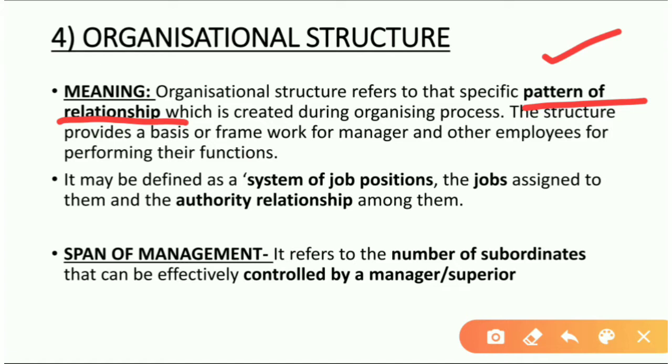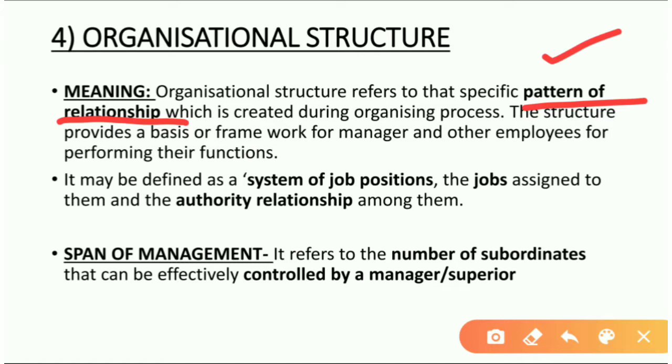For example, in an organization there can be one manager, and under one manager there can be different departments. And in some organizations there can be two managers, and under them there can be different departments.